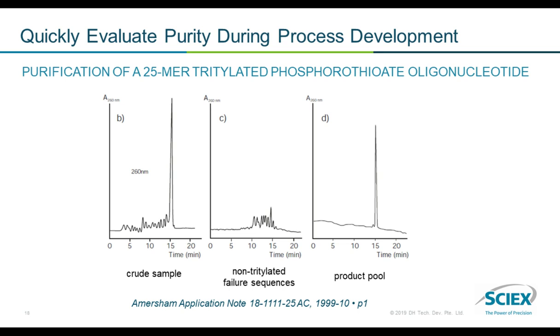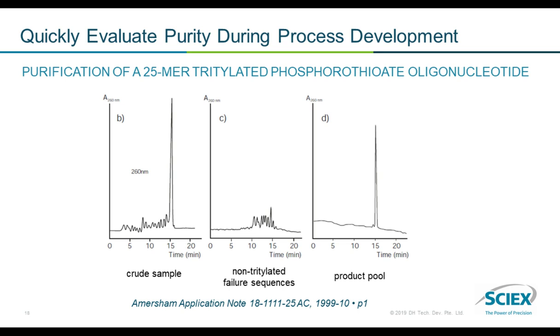You can use the same ssDNA kit for analysis of modified oligonucleotides also. This one is showing a tritylated phosphorothioate oligonucleotide. On the left side, in picture B, this is a crude sample, and you can see lots of impurities present in addition to the oligo of interest.